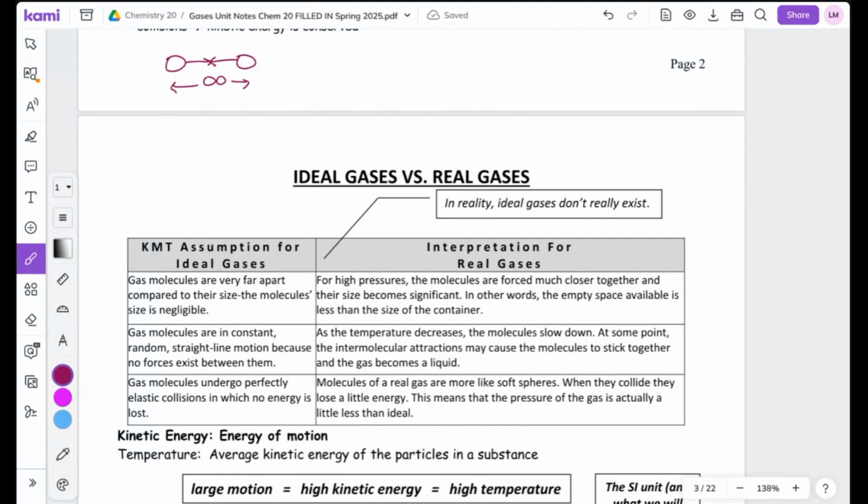Our assumptions are that gas molecules are very far apart in an ideal gas, and compared to the distance between molecules, we're going to assume that the gas molecule size is negligible. However, in real life, at high pressures, the molecules are forced a lot closer together.